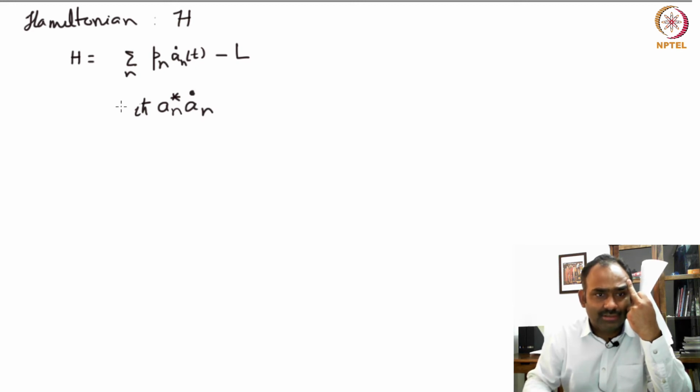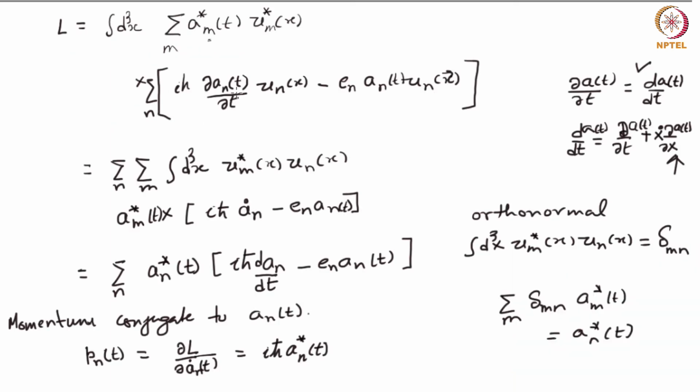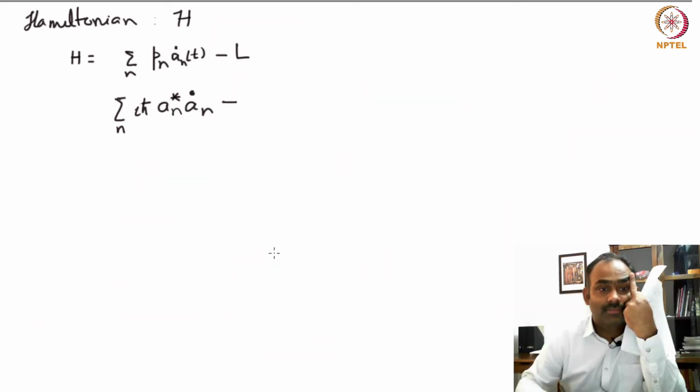I'm suppressing t now. Summation L minus... let's go back and see what the Lagrangian was. So this is iħ An star An dot.